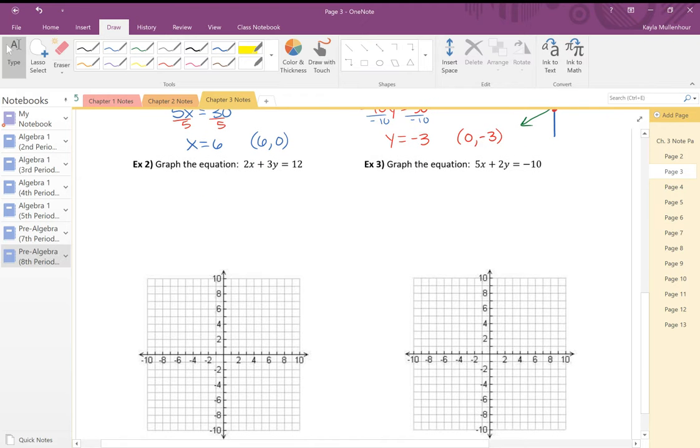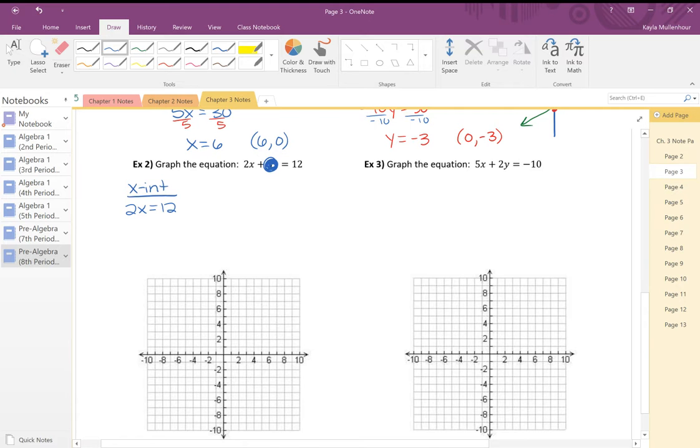So, the x-intercept, how do you find it? Let y equal 0. So, what you should start to notice is that every single time you're plugging in 0 for y, that entire term disappears. So then you're just left with the 2x equals 12.